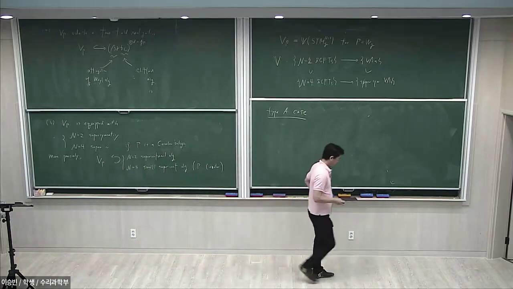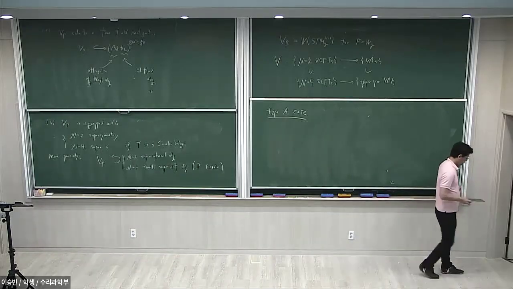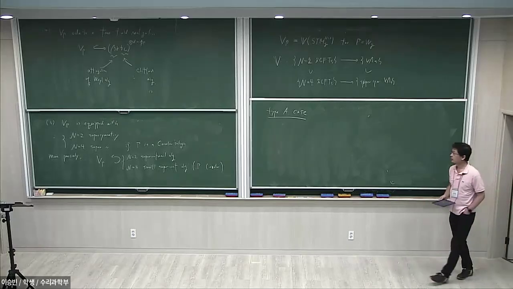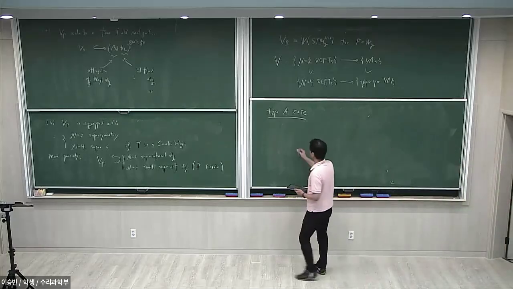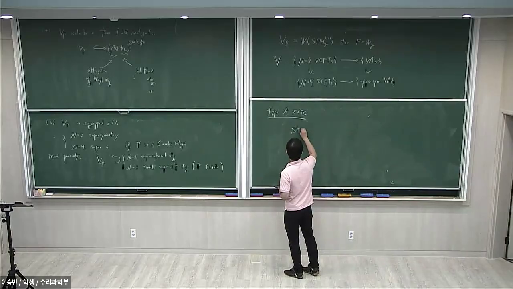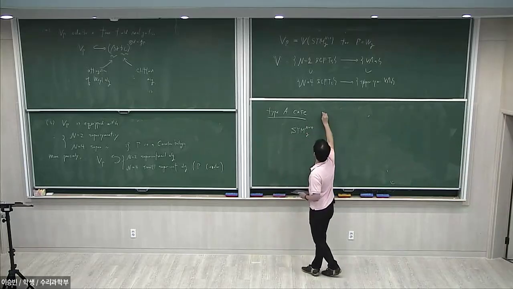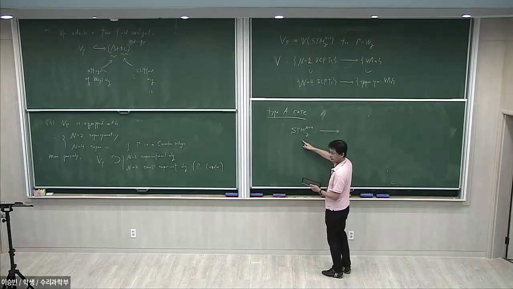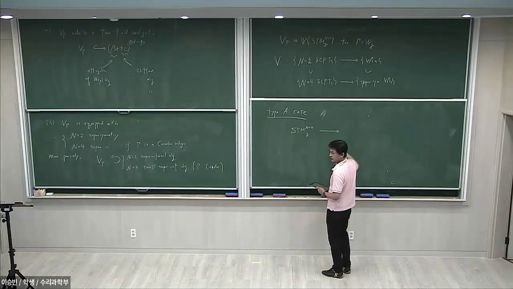So the main reason why we can attack this problem for type A is that we are in a lucky situation. I said that you can go from super Yang-Mills theory, any 4D theory, to 3D theory by the so-called S1 compactification.